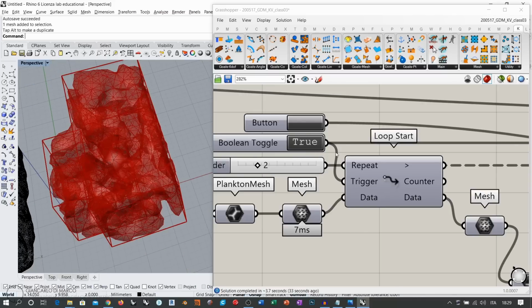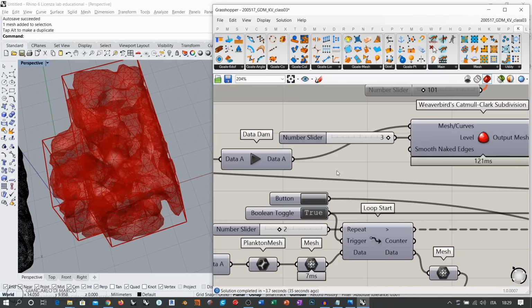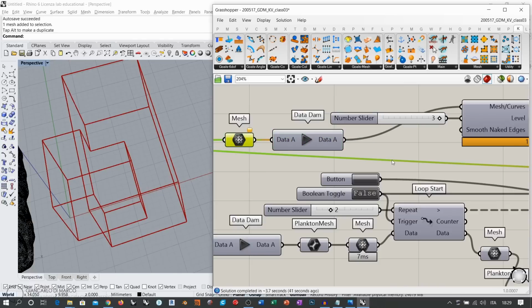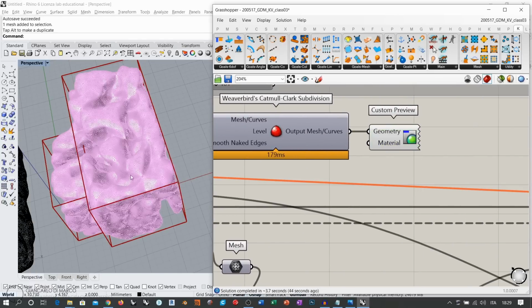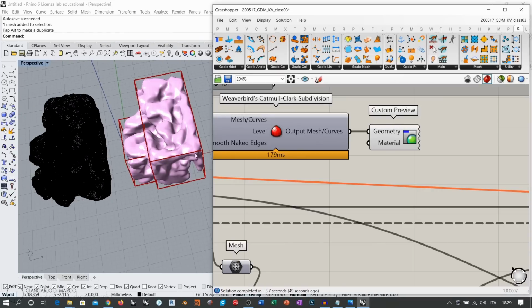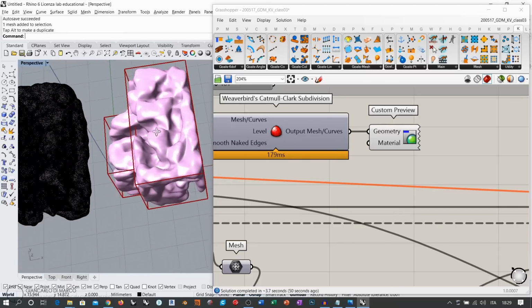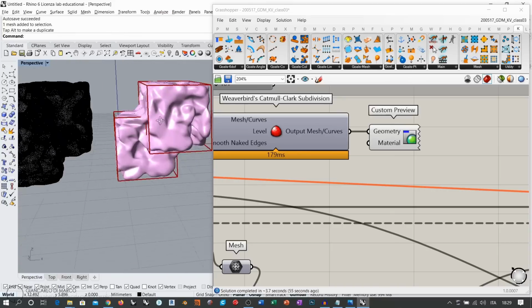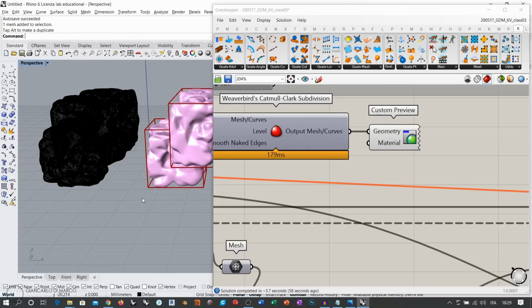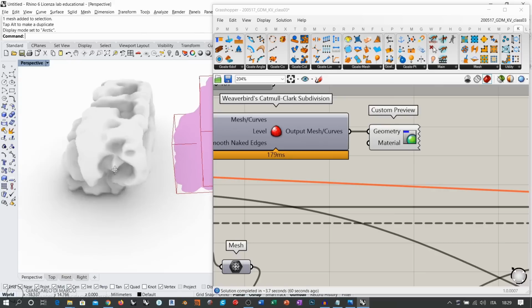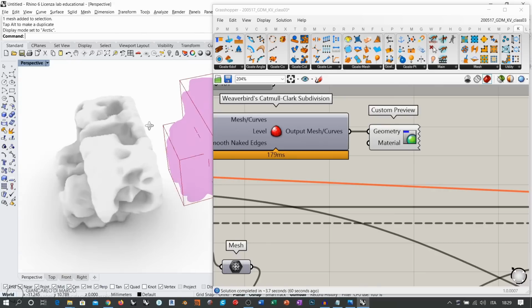And therefore, we can also send the final result to Clark and the rest of the definition. So if I stop this and reset it, and take a look at what happened here, we have this new version of our mesh, like this one, which already looks smoother. As you can see here, you have this nice smoother aspect, which was different from this one, because you see it was more crispy.